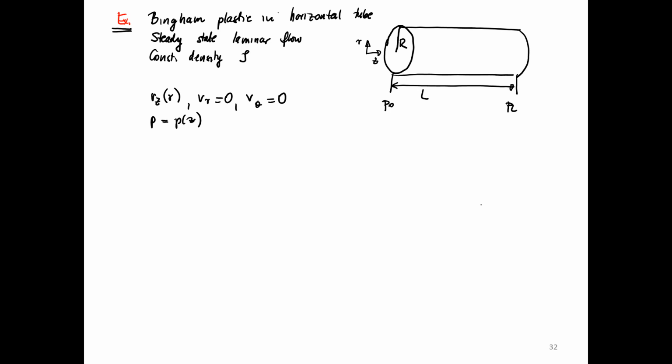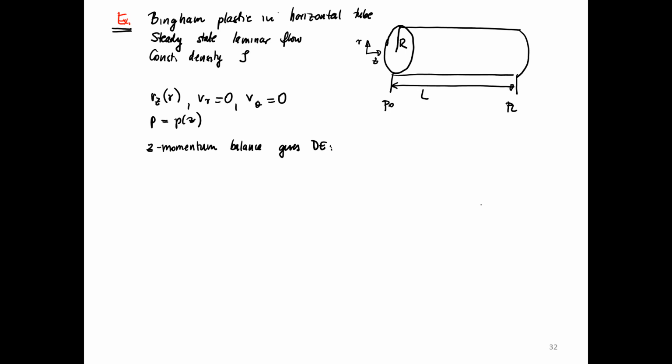So I would do the Z momentum balance. The way I derived it, and I pointed it out in the review, was pretty general at the beginning. So I'm going to keep that part that I can borrow from the derivation before. So Z momentum balance gives the differential equation.